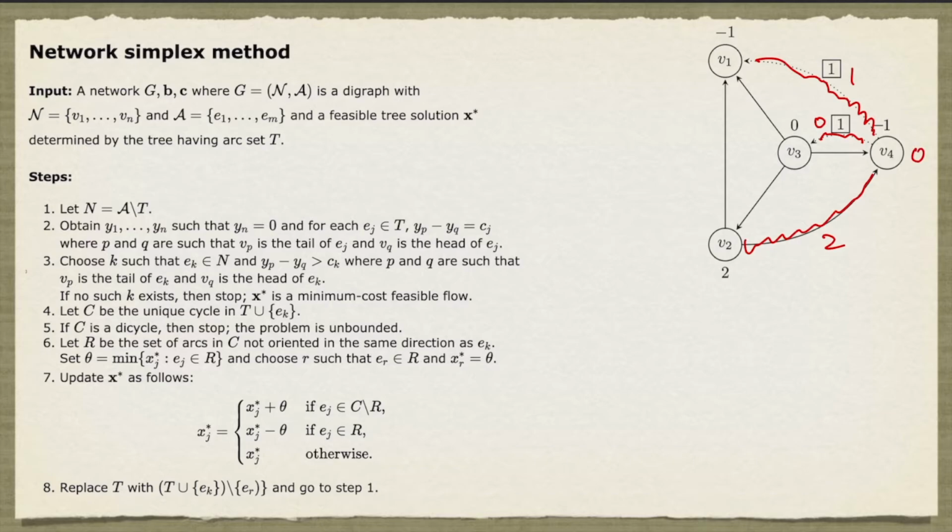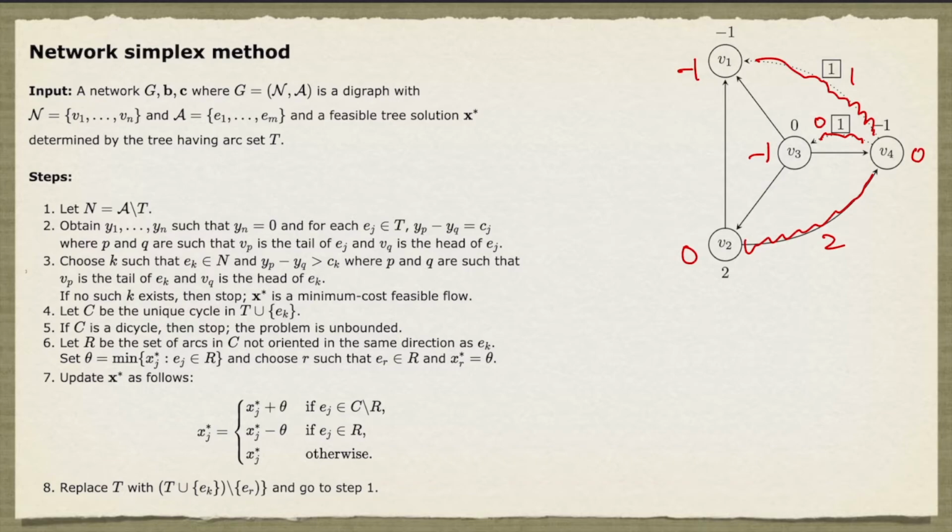And for each tree arc, the y value at the tail minus the y value at the head must equal the arc cost. If we look at the arc V2, V4, the arc cost is 0, so y2 must be 0 as well, because 0 minus 0 is 0. And we need y4 minus y1 to equal 1, so y1 must be -1. And for y3, we need y4 minus y3 to be 1, so y3 must be -1.